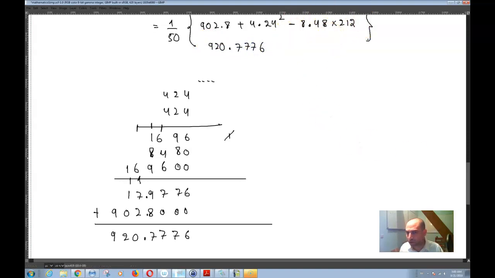And you need to add this, basically multiply 848 times 212 with 2 decimal places.